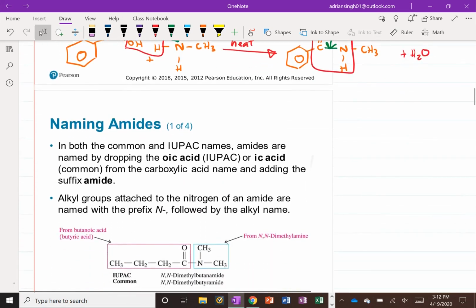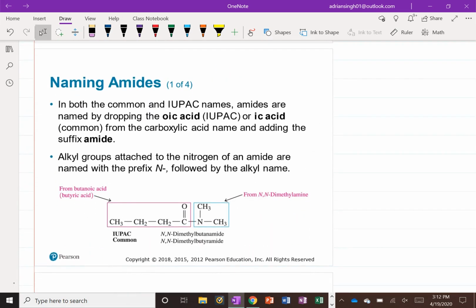When we make our amides, we need to address how we name them. All right, and in both the IUPAC, the systematic way, and the common naming system, the amides are all going to end in amide.